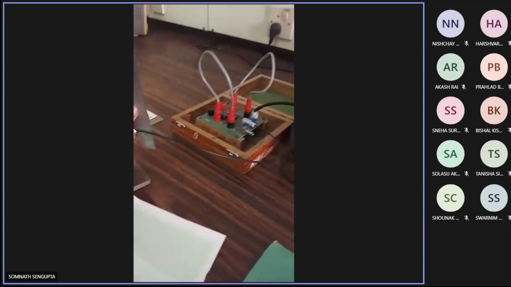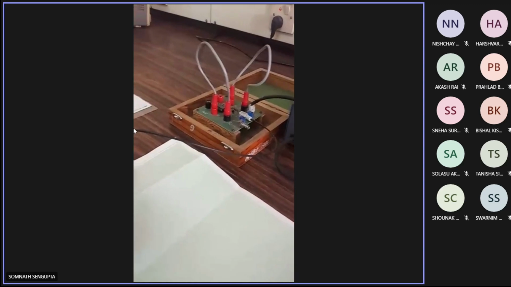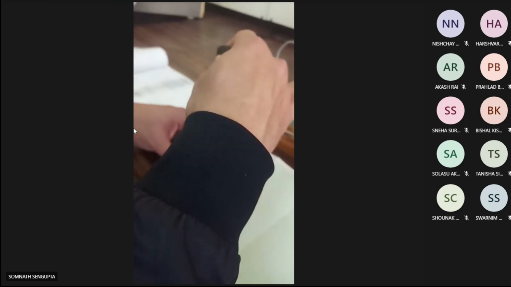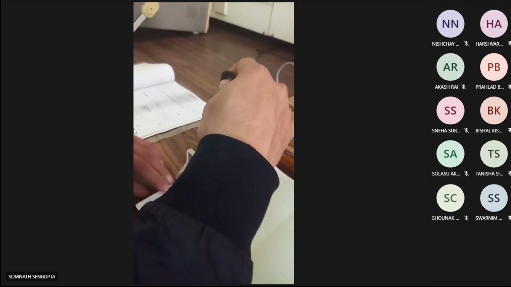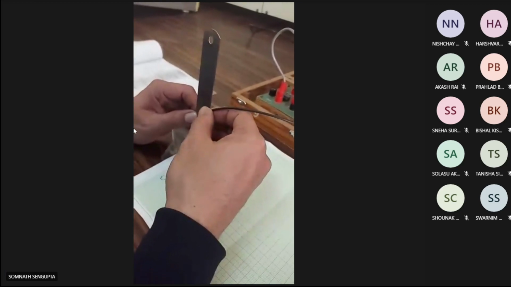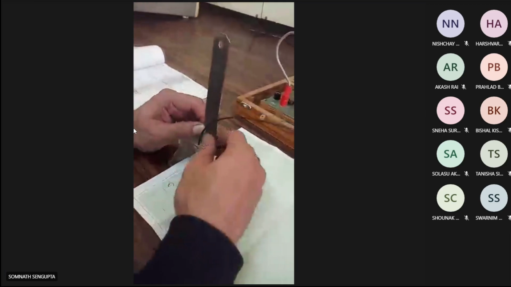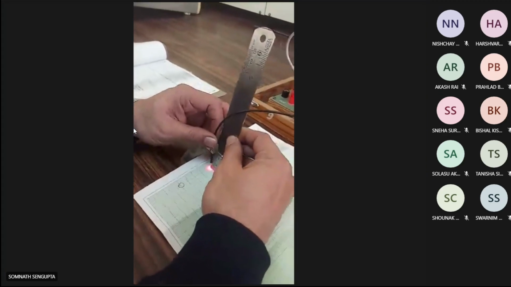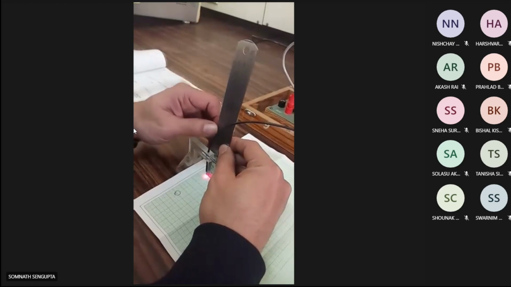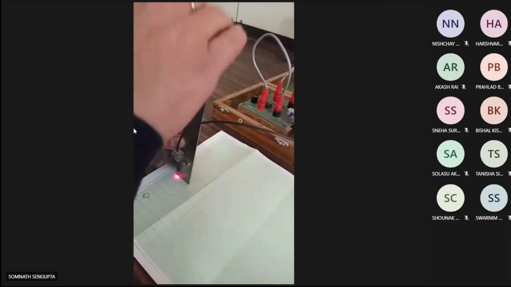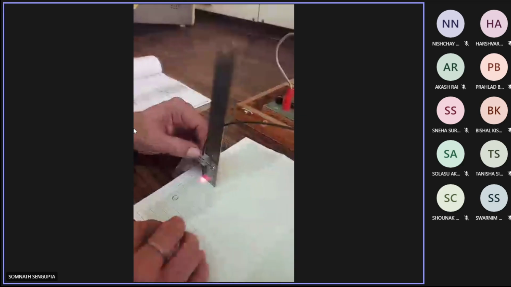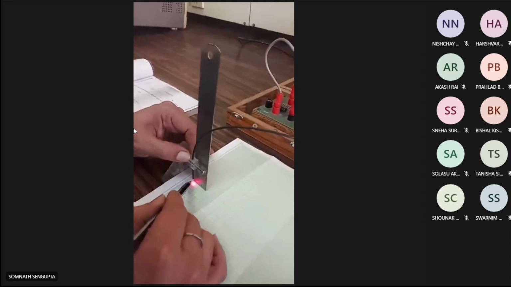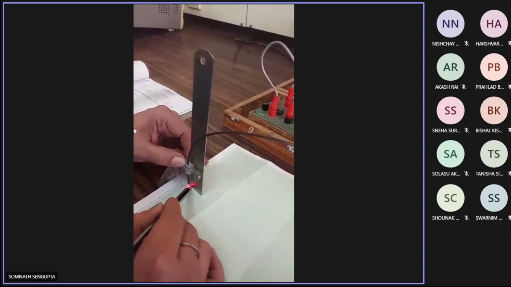Let us say this portion. Now the 0.8 centimeter distance is maintained, and make the circle from the spot.